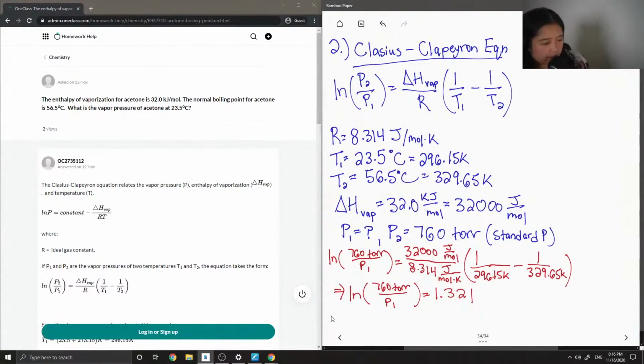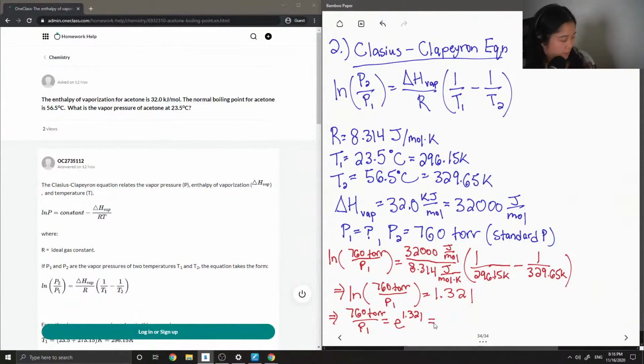And to get rid of the ln, we are going to do e to the power of both sides. Don't know what that's called, but e to the power of 1.321 gets rid of the ln on the left side.